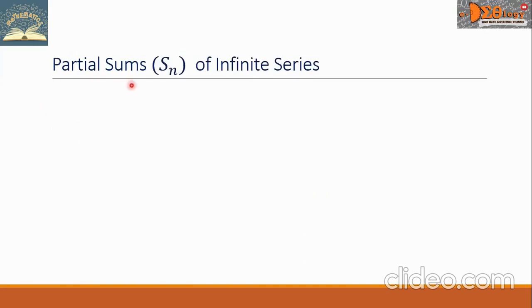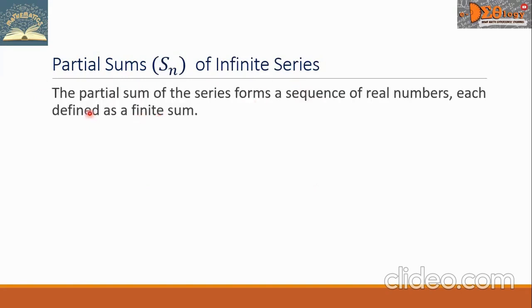Now let's go to the partial sums S sub n of an infinite series. The partial sums of the series form a sequence of real numbers, each defined as a finite sum. Example, S sub 1 is equal to a sub 1.